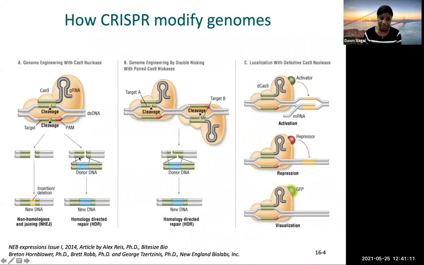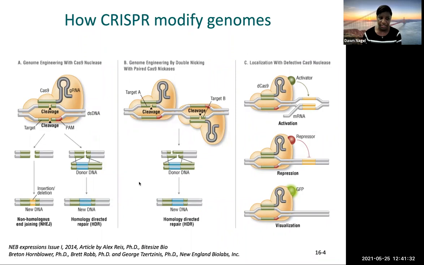When this cleavage happens, this donor DNA will recombine because the ends of the donor DNA are similar, and you will have homology-based recombination that will help to insert that new DNA. So again, you're inserting a new piece of DNA, a new gene, and modifying the genome.